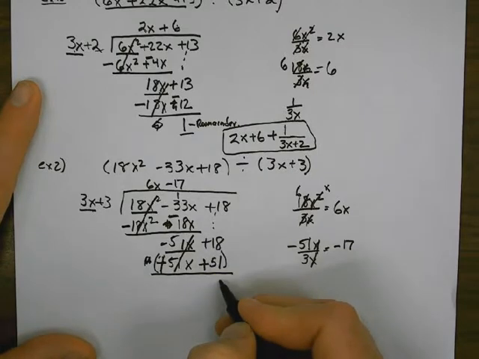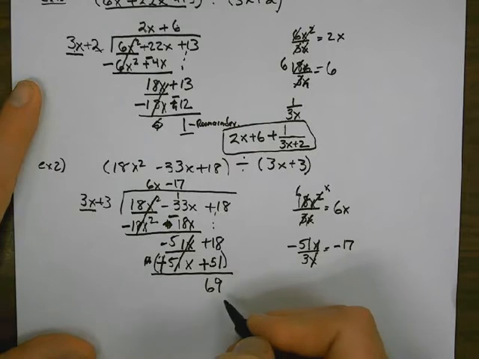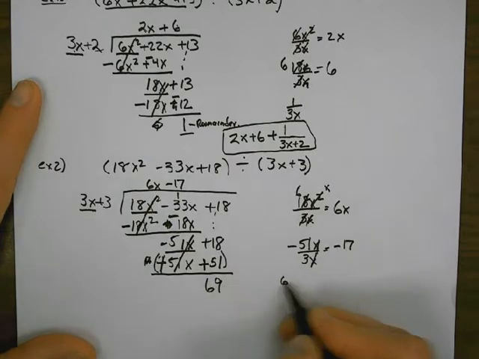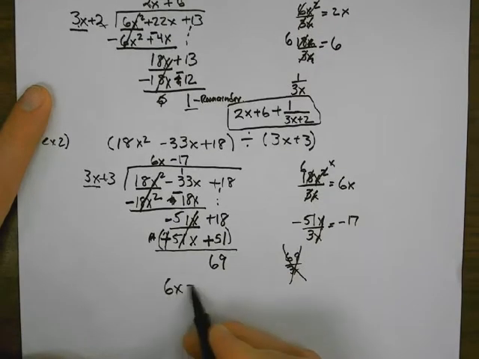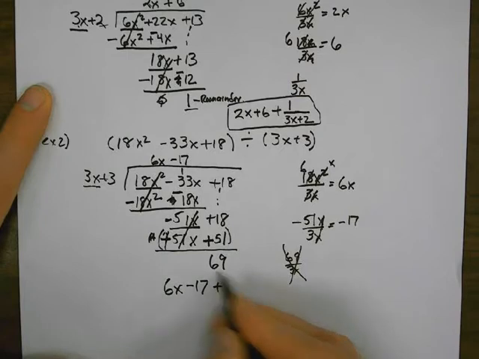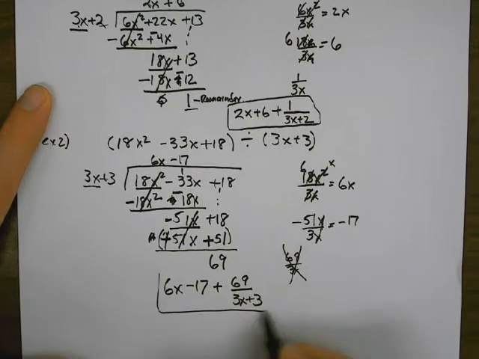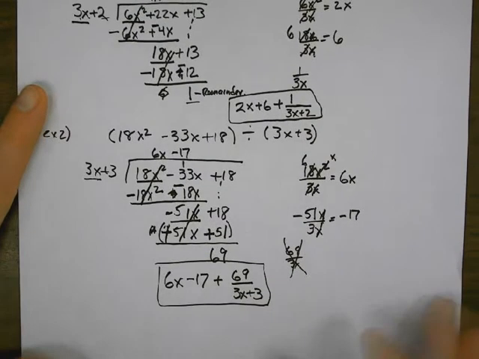And then I have 18 plus 51, that's going to be 69. Now that's my remainder because 69 can't be divided by a 3x, right? So my final answer here would be 6x minus 17 plus the remainder over the divisor 3x plus 3. Okay, I hope this helps you guys.